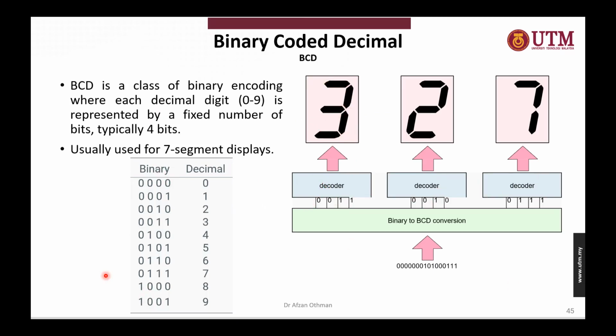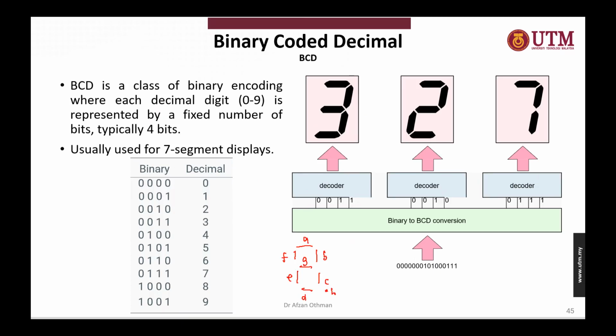If you recall, the 7-segment is represented by 8 LEDs: A, B, C, D, E, F, G, and then H for the decimal point.